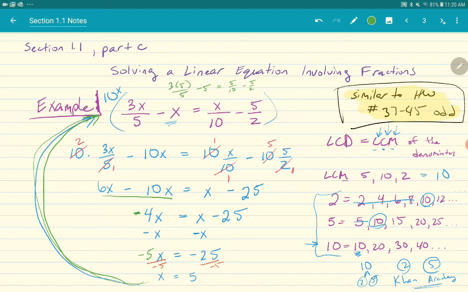So that's 15 over 5 is 3 minus 5 on the left, so I get negative 2 on the left. And on the right, I get 1/2 minus 2.5, which is also, sorry, negative 2. So that is my correct answer. So my solution set would be just the number 5.